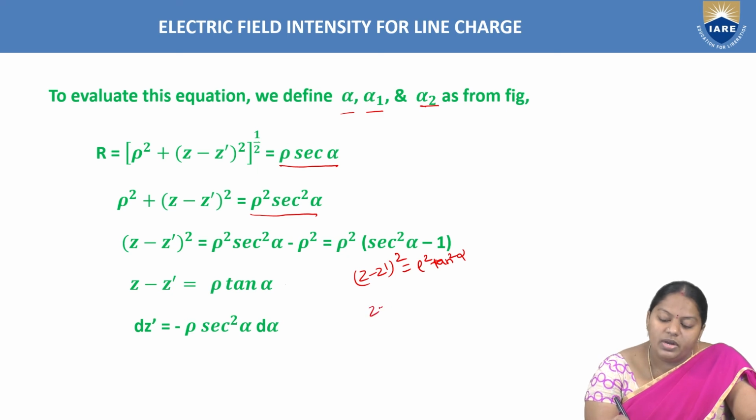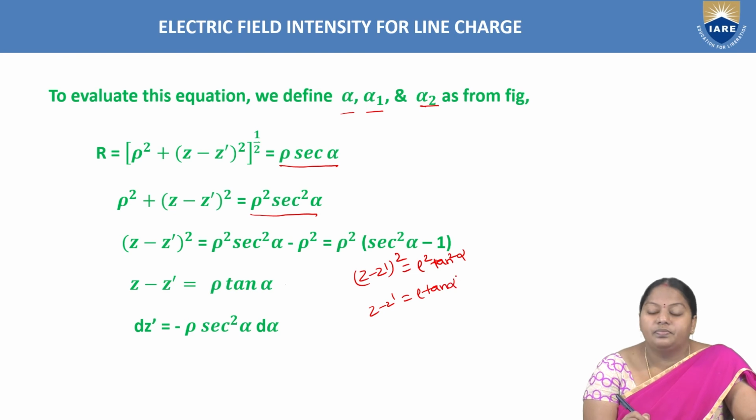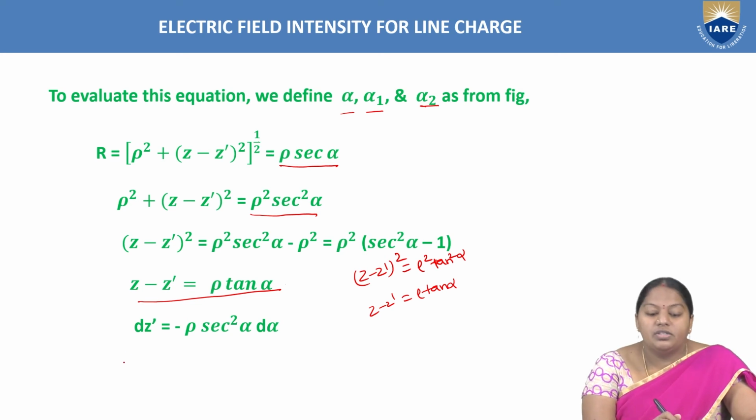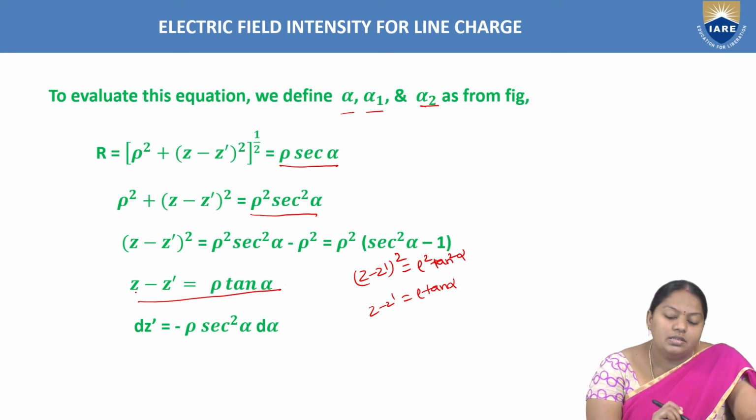From this, z minus z dash is equal to rho into tan alpha. Now, if you simplify this, z dash is the variable. Why? Because z can be treated as a direction, hence we just consider it as a scalar.